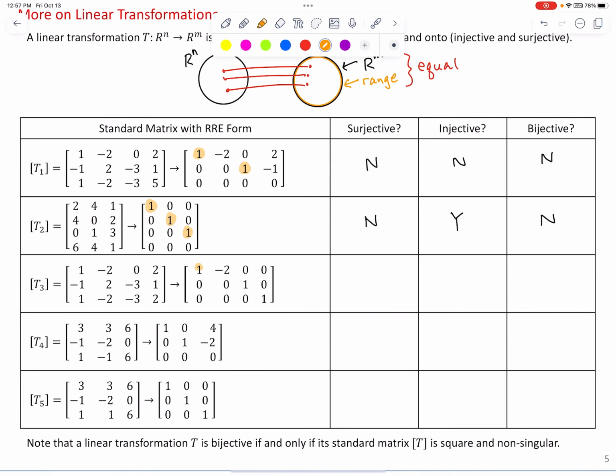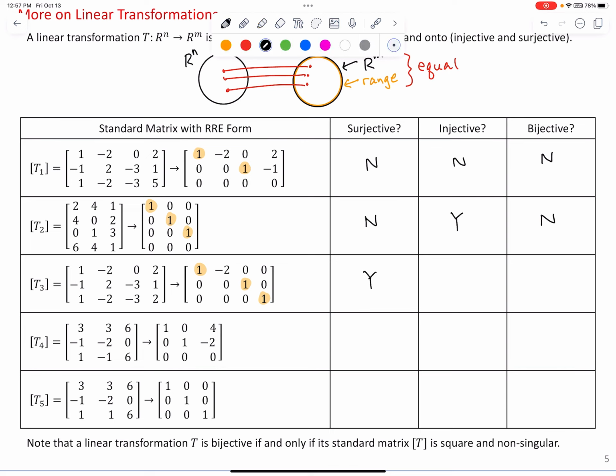T3 has three pivot positions. So the column space would have three basis vectors. And since the codomain here is R3, and we have three linearly independent R3 vectors in the basis of the column space, we know that the range will be all of R3. So this will be surjective.